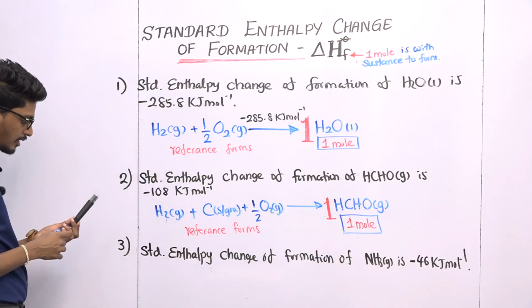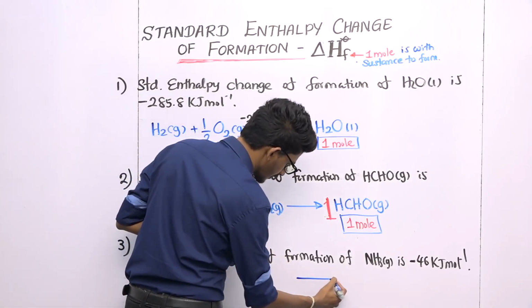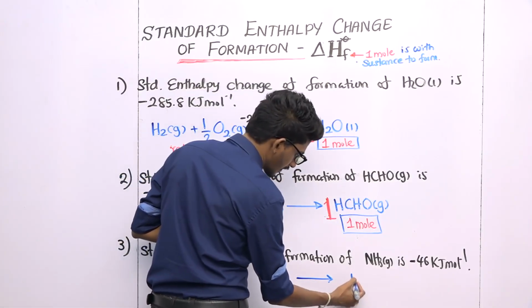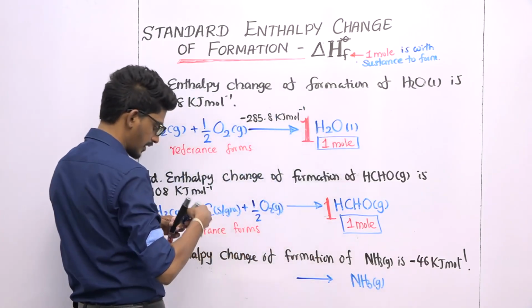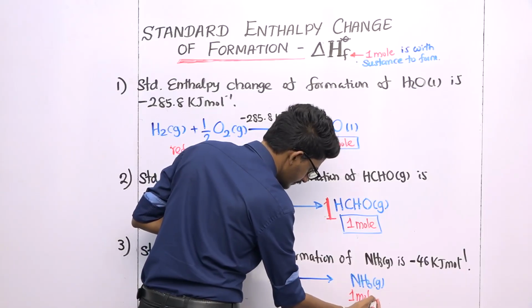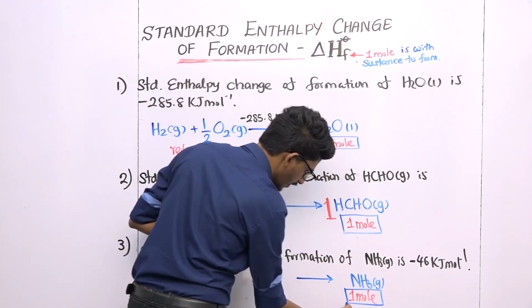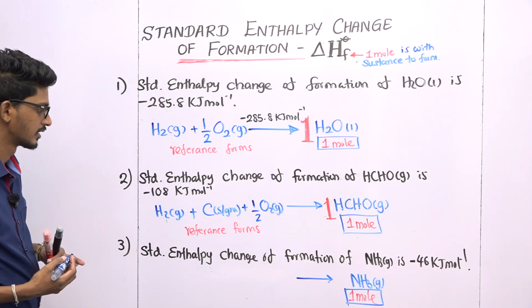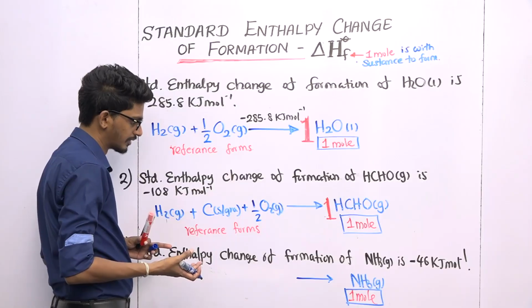Right, let's come up with this one. So first, the 1 mole substance. This is all about NH3 gas formation, right? That is where the 1 mole stands. So we have to start producing the NH3 from the reference forms of its constituent elements.